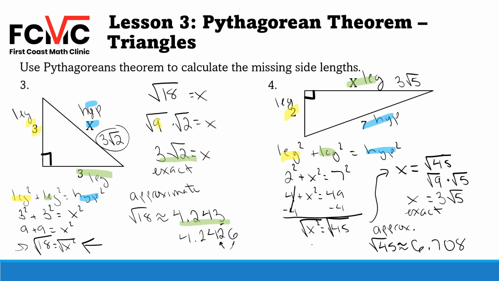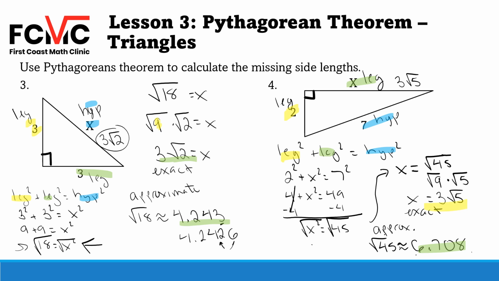It's like 6.70820. If I'm rounding to the nearest thousandth, I'm looking at that 2. Since it's lower than 5, I'm going to keep that 8 as it is. So my decimal is going to be 6 and 708 thousandths. Right, so we've got our approximate answer right here, and our exact answer right here.